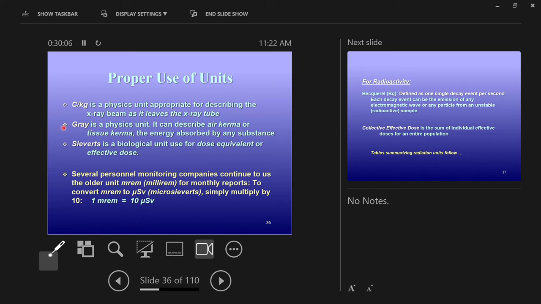The gray is also a physics unit. It can describe what we call air kerma or tissue kerma, otherwise known as absorbed dose. And so it's good for telling you how much radiation stuck around in your body.